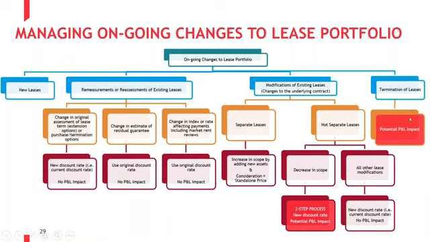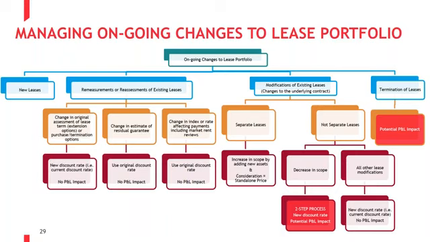And then the other thing is terminations of leases. There's a potential P&L impact. So those two red ones are always the ones we said, look out for them, because it's not just adjust the liability and also adjust the asset, it's actually a P&L impact.